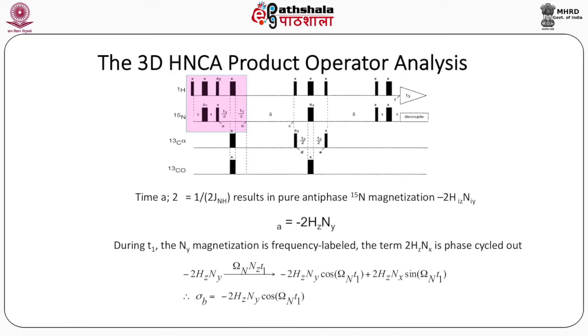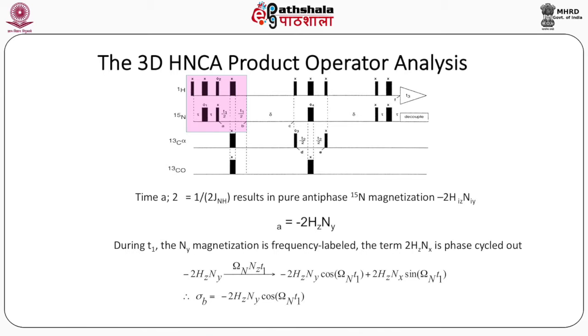At time A, 2 tau equal to 1 by 2 JNH results in pure antiphase N15 magnetization, minus 2 Hz Ny. So, sigma A is equal to minus 2 Hz Ny. During T1, the Ny magnetization is frequency labeled. The term 2HzNx is phase cycled out.